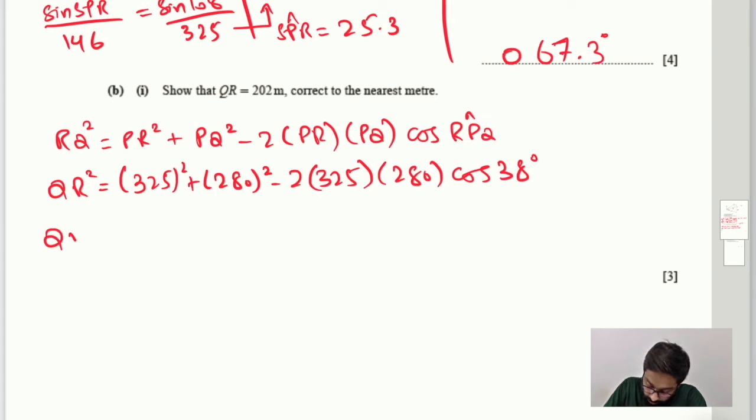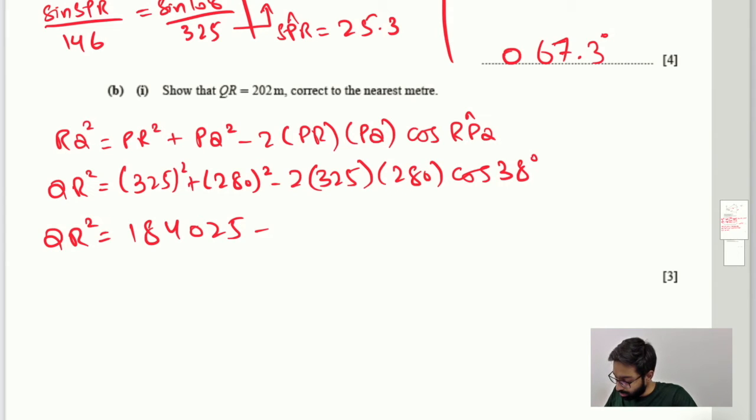Okay, so QR squared is equal to, let's do this, 325 squared plus 280 squared is equal to 184,025 minus, okay, 2 times 325 times 280 times cos 38 gives me 143,417.896.